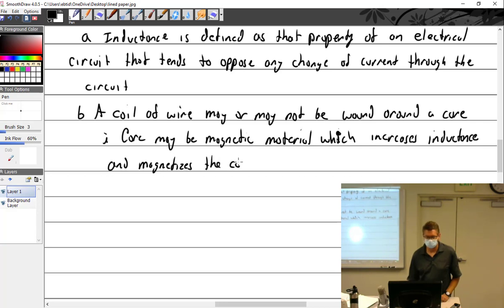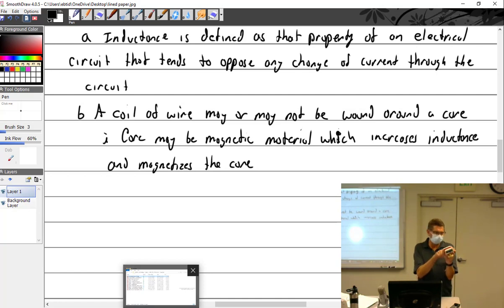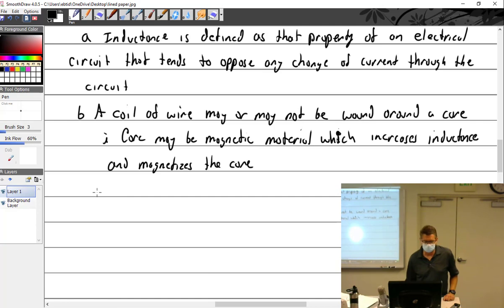So if I take this magnet out and put a piece of soft iron inside here and run some current through here, I'll make an electromagnet and it will magnetize that piece of steel going through there, the soft iron core. You don't have to have a soft iron core, or you can change it.